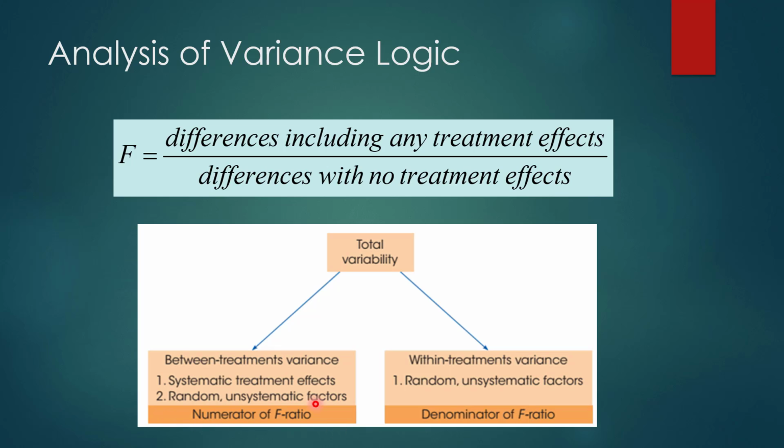That's the numerator of our F ratio. Then we have the within treatments variance, which is random, unsystematic factors, so variation that happens that's not due to any treatment.